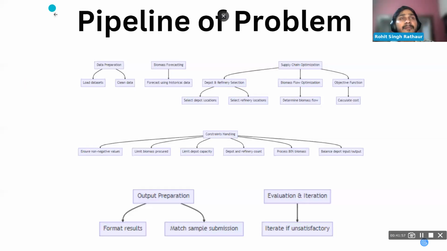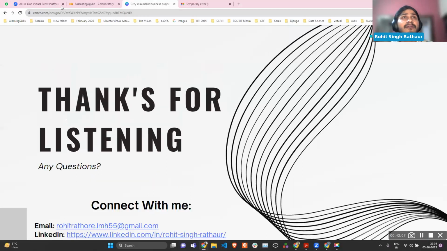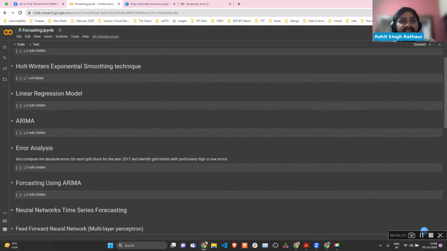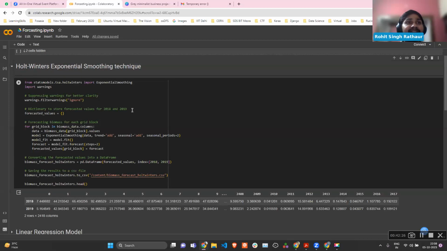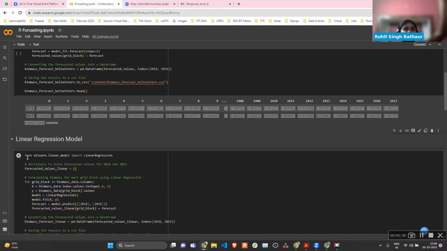Here I implemented a few techniques. The first were time series techniques. The first technique was Holt-Winters exponential smoothing, and after seeing the forecasted results for the years 2018 and 2019, I tried a different algorithm to compare the results.